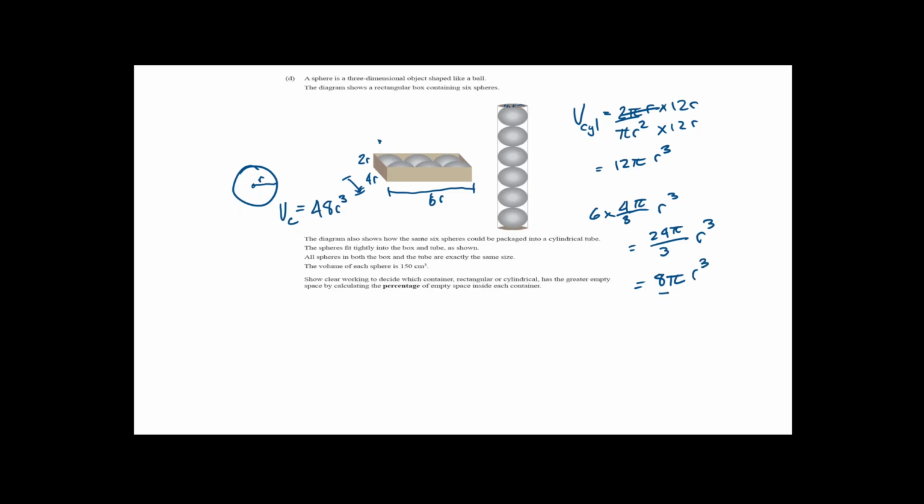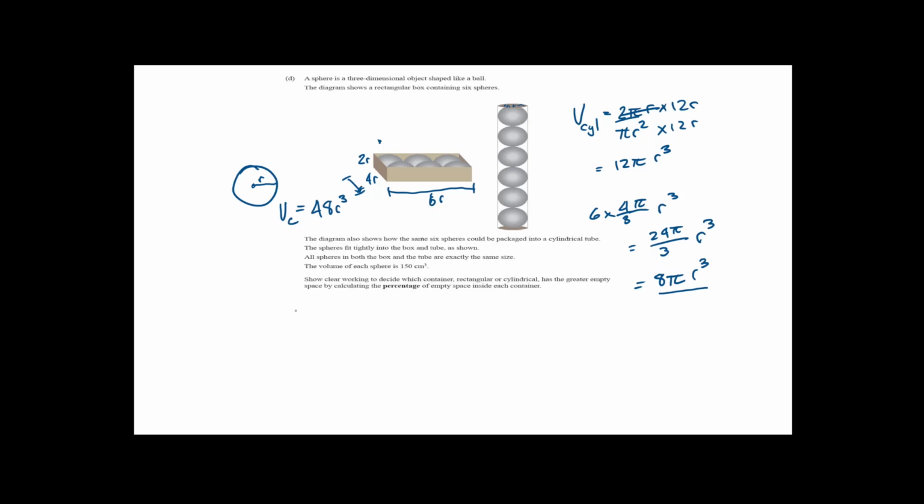That's going to be the volume of the 6 spheres, which is 150 centimeters. Okay. So the volume of the container is 48 r cubed.